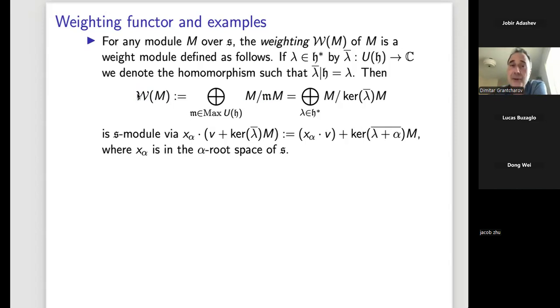But if M is a free module, UH free module, then W of M is a coherent family. It is a huge, huge weight module with what we call support, the set of weights, like the whole Cartan to some power.